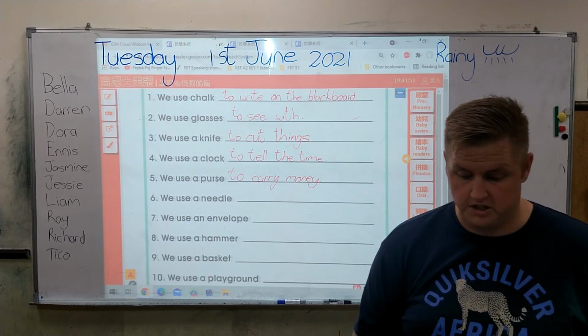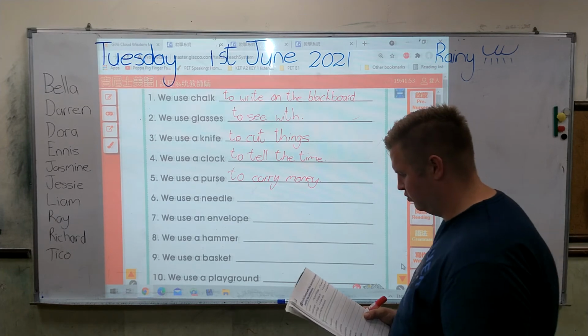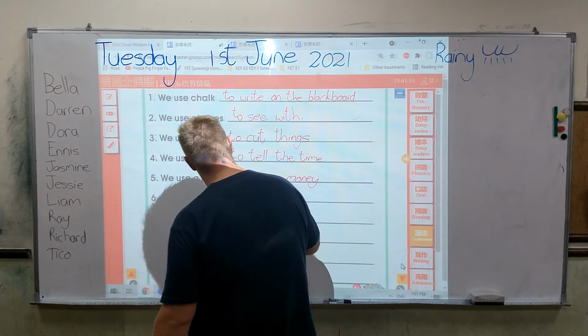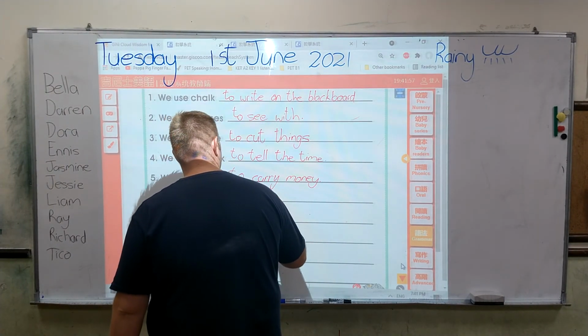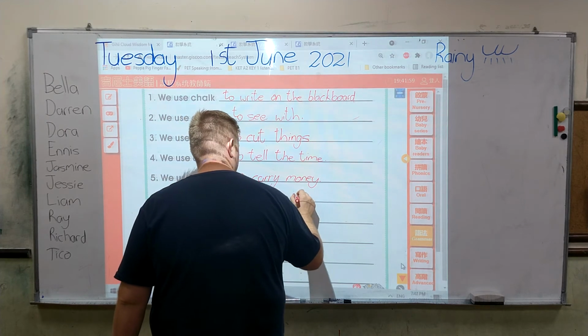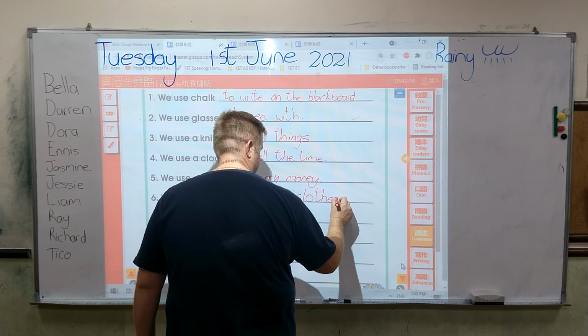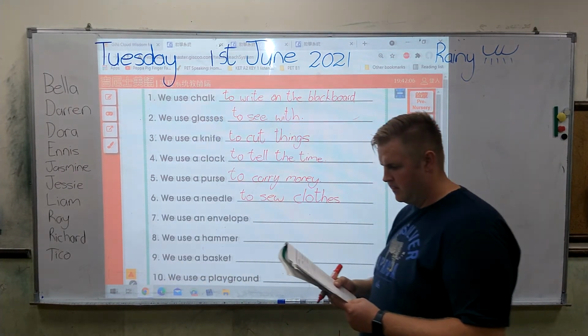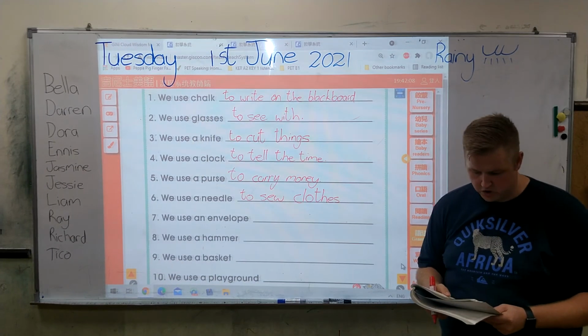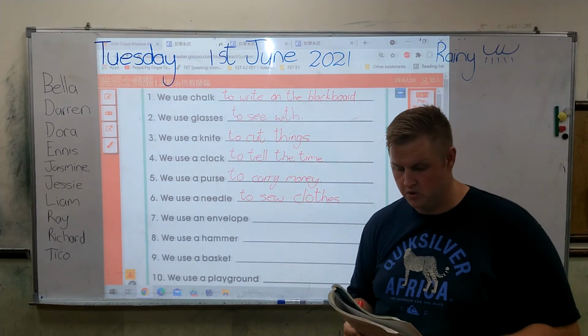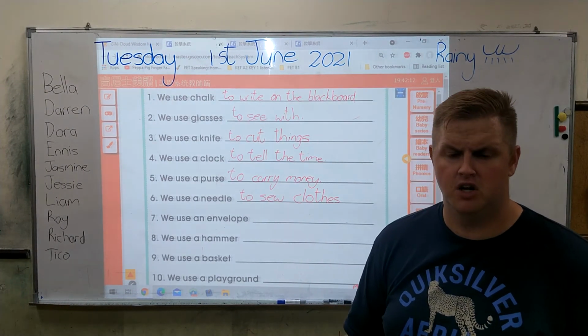We use a needle. We use a needle to sew clothes. Number 7, we use an envelope. What do we use an envelope for?